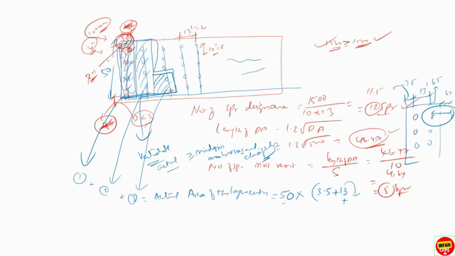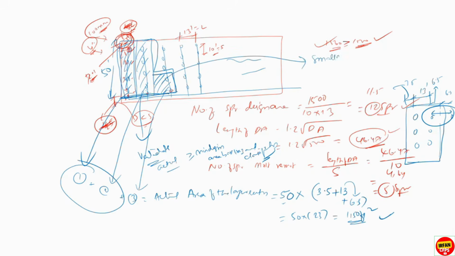Then this combination will be 13 feet, right? So 50 into 23, you got 1150 square feet. So 1 plus 2, since both are the same, I consider the entire rectangle with these two sprinklers. So I got 1150 square feet.